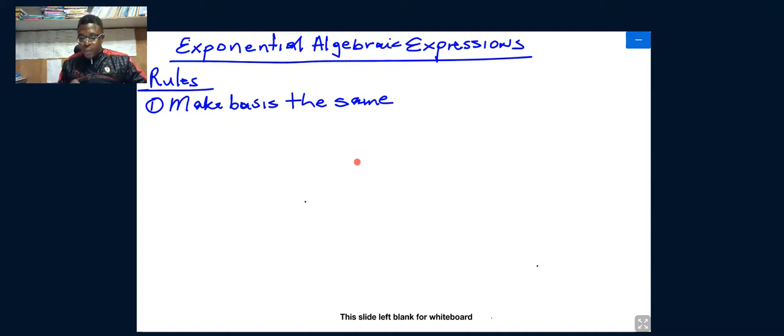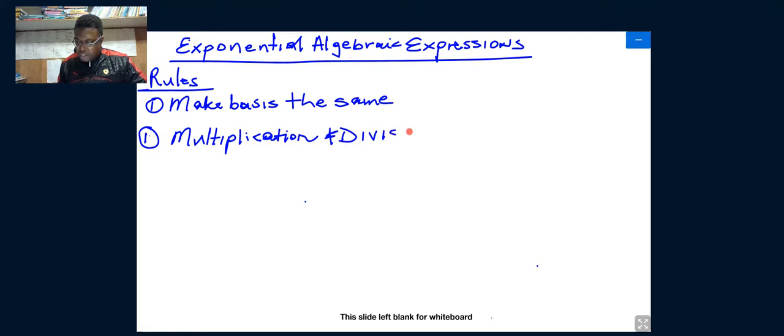And we are going to deal with the first case. Case number 1 involves multiplication and division.